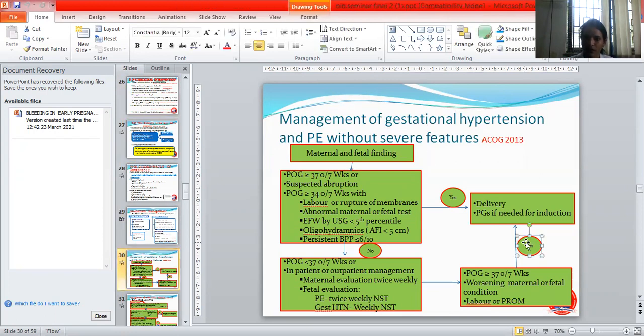If there are none of these features, then we can continue the pregnancy up to 37 weeks with continuous monitoring. If there is any of these features, then they have to deliver the patient immediately. Delivery could be vaginal or cesarean depending upon the obstetric indications.